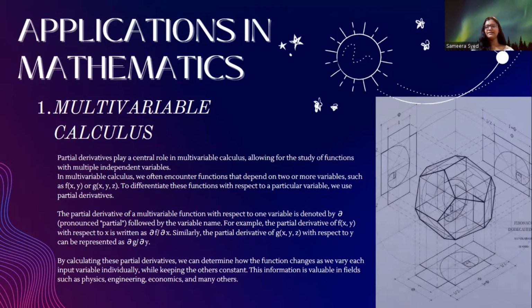Similarly, the partial derivative of g(x, y, z) with respect to y can be represented as ∂g/∂y. By calculating these partial derivatives, we can determine how the function changes as we vary each input variable individually while keeping the others constant. This information is valuable in fields such as physics, engineering, economics, and many others.